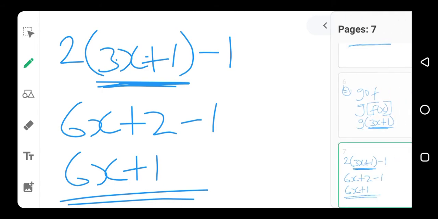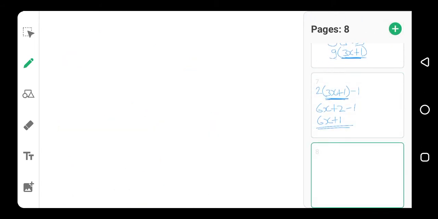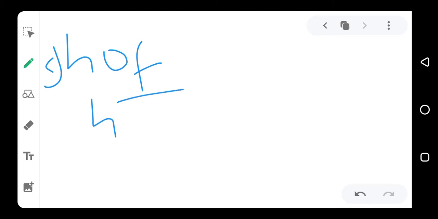Now let's look at C, which is h of f of x. For this, we write h brackets f of x.